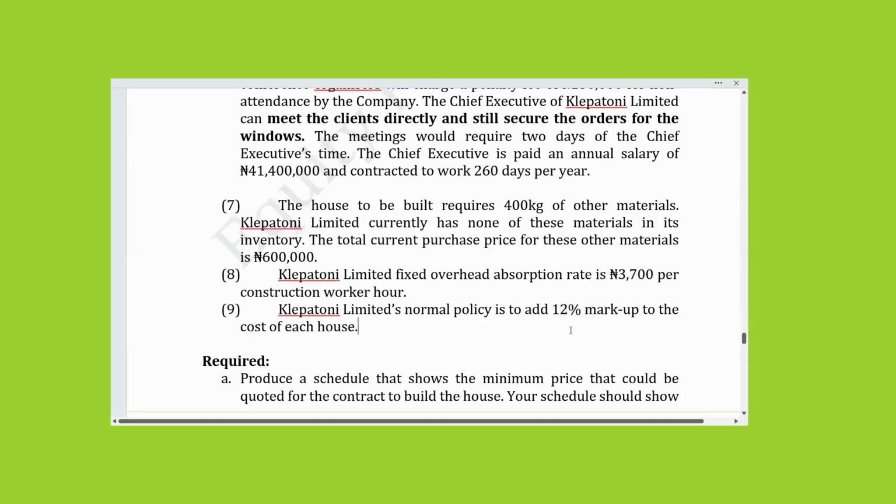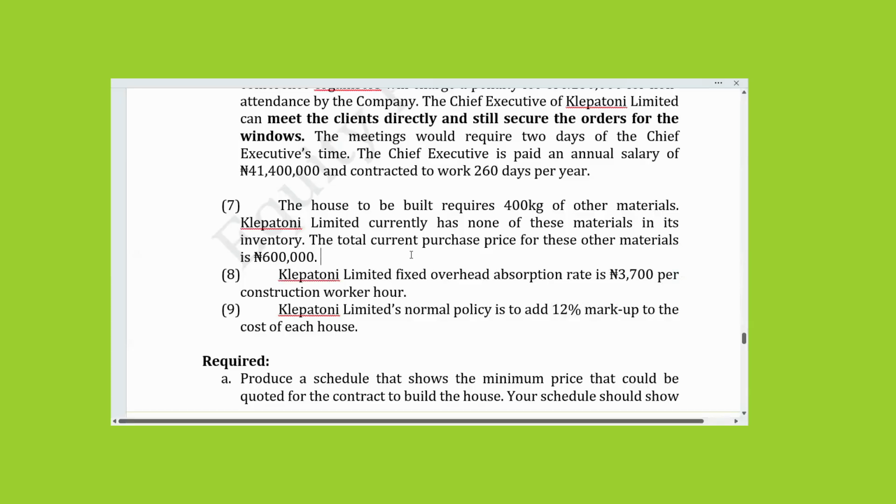The examiner will just mark you wrong for that particular line item. If you get most of the line items correct, you are going to pass. But the bottom line is that going forward, you will only consider profit markup if the question requires it. Other than that, you don't put markup. In this question, what the examiner wants you to calculate is relevant cost.